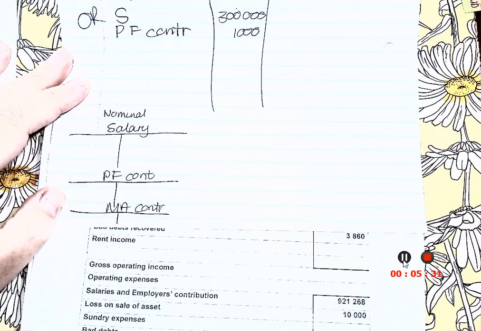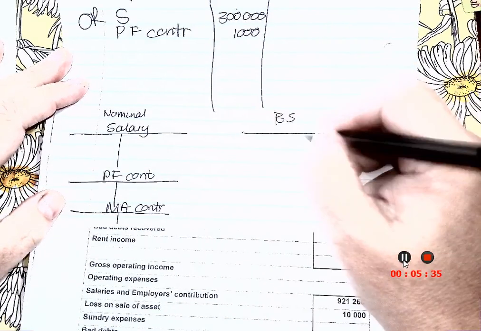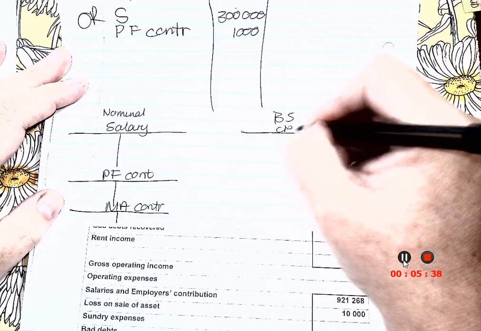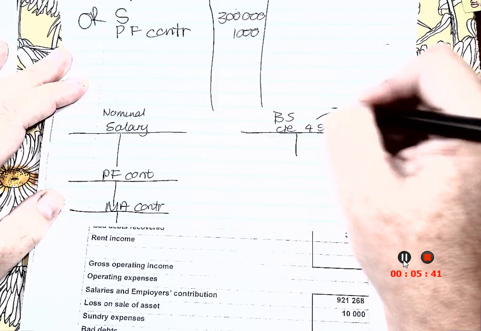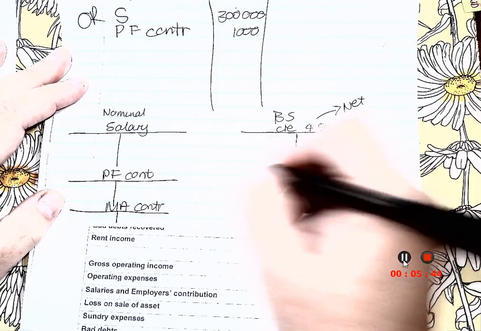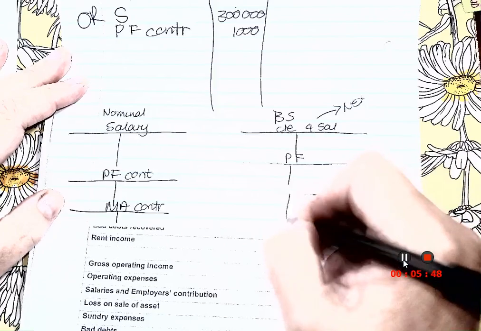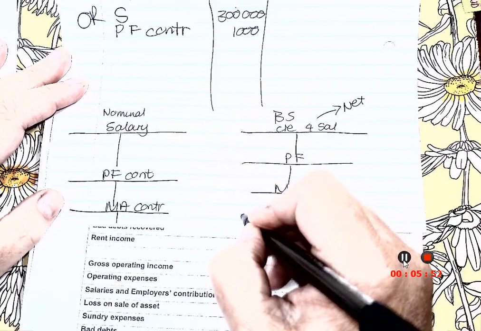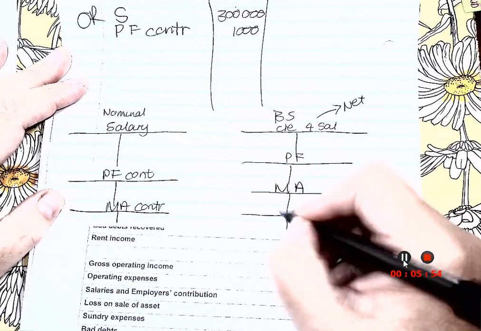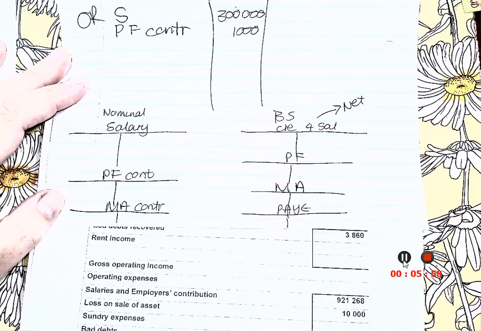Okay. On the balance sheet side, I will have everything I owe. So creditors for salaries, which in the end would be the net. I have my pension fund. I have my medical aid. I'm not going to do every single one. I see I have pension, I have SARS there as well, PAYE. Now if I transfer balances here now, it looks like this.